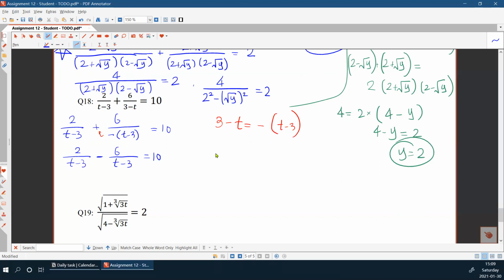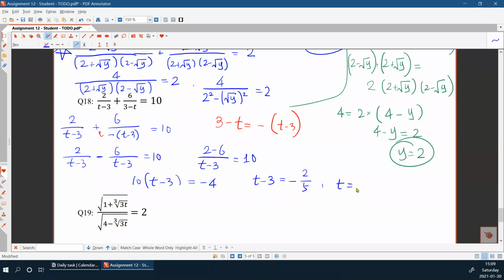Okay, this means we have 2 minus 6 over t minus 3 is 10, right? Okay, this gives us t minus 3 times 10 is minus 4. Right, this means t minus 3 is actually minus 2 over 5.